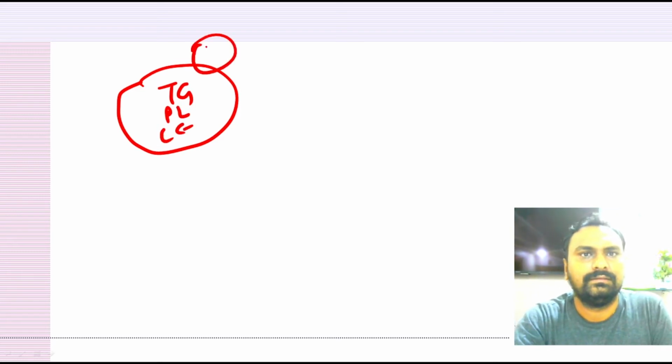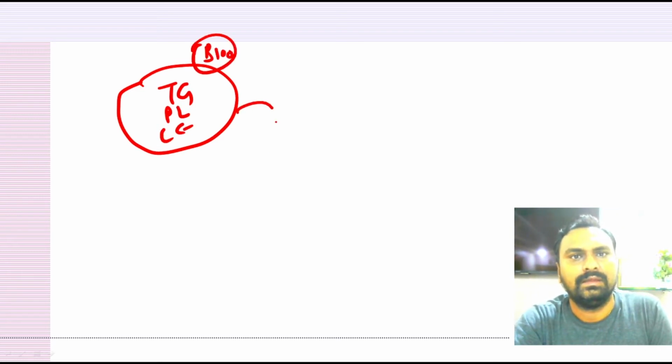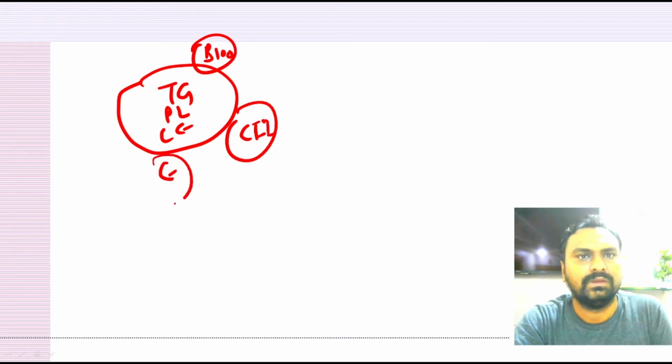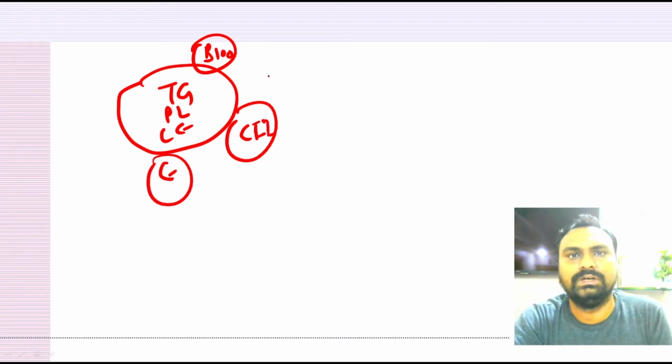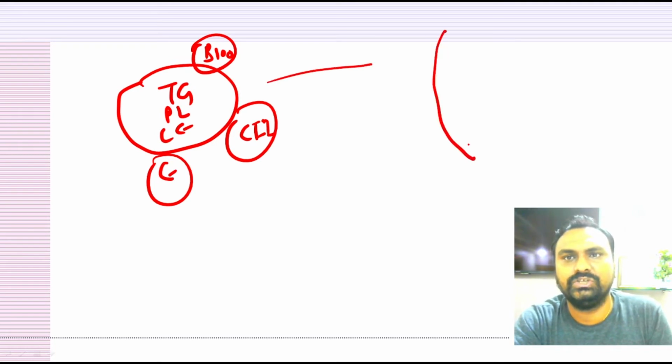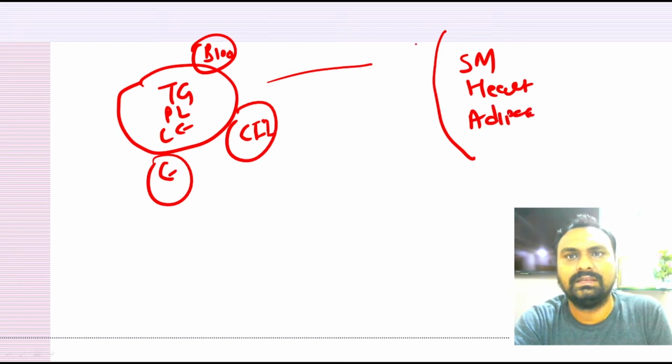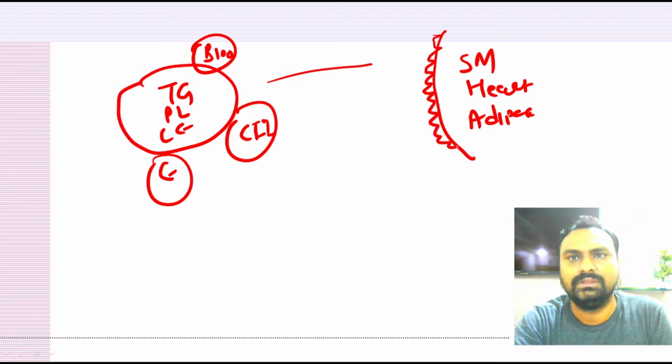You can see now this mature VLDL contains ApoB100, ApoC2 and ApoE. It will go to the peripheral tissue like skeletal muscle, heart or adipose tissue. In the capillary of this peripheral tissue, there is an endothelium with heparin-bound lipoprotein lipase.